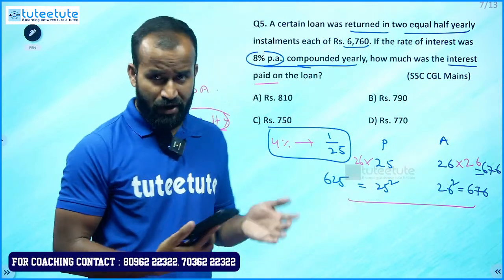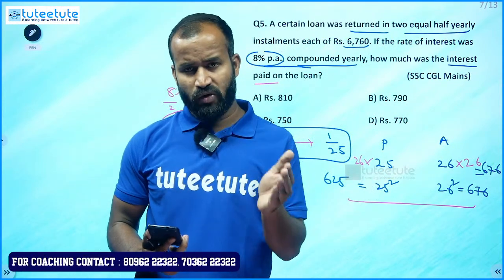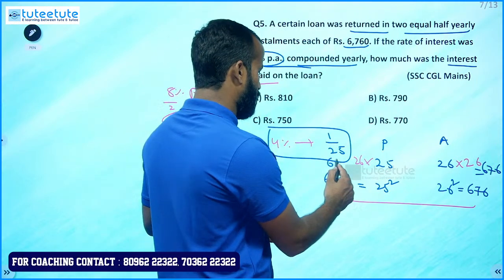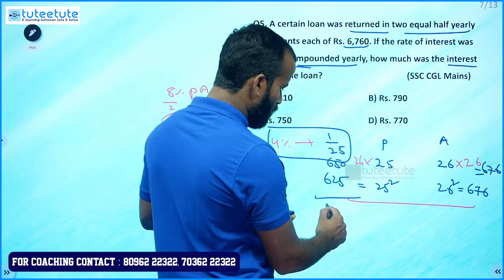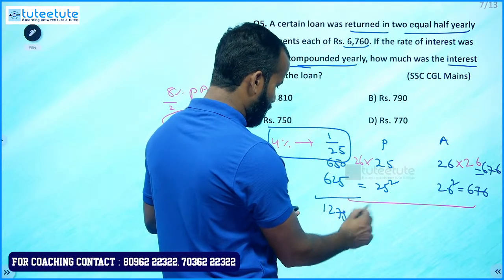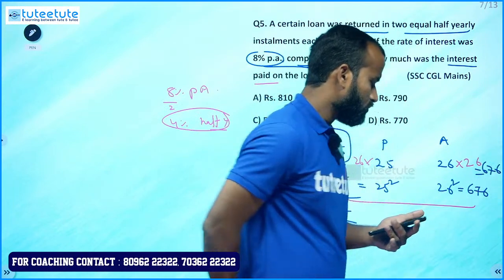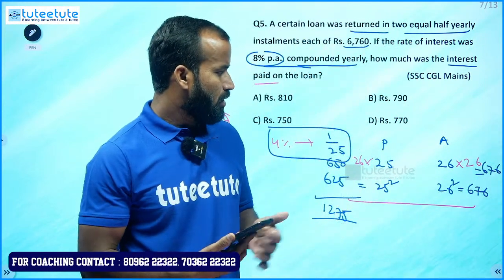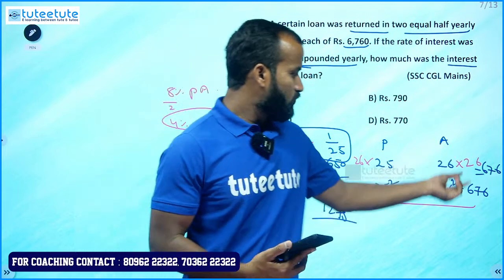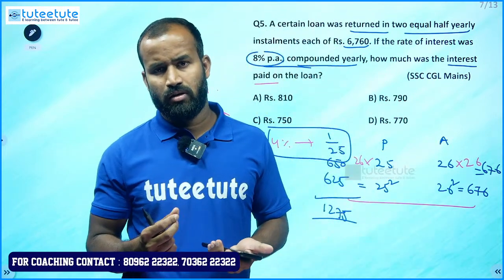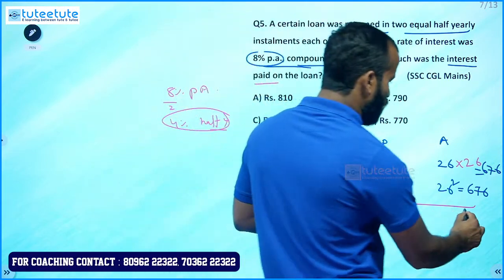See, 25 into 26: 25 is 625, one more 25 means 650. If you add these two, 1275. And 650, 1300, 26, 52, so 1352.